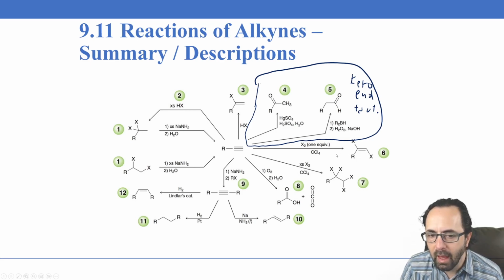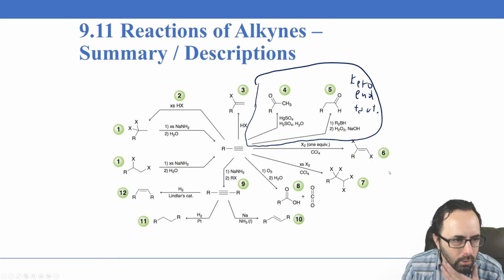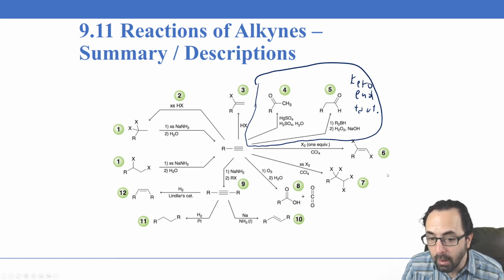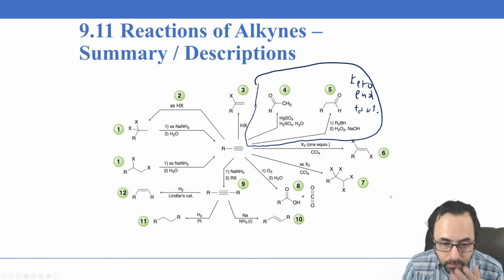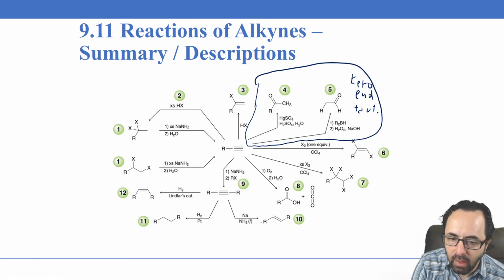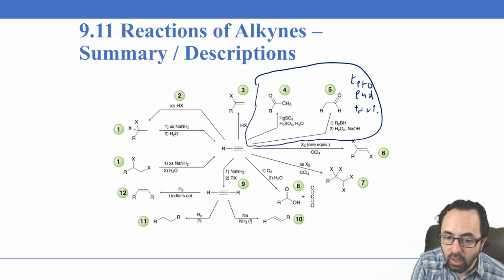When it comes to the halogenation and the hydrohalogenation, we had some ideas about the mechanism, but they were not completely well known, so you can't really express those mechanisms completely. The other important mechanism that we'll cover more in the next chapter was the dissolved sodium reduction.